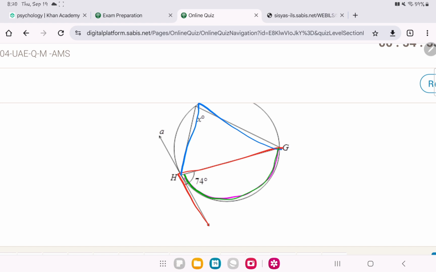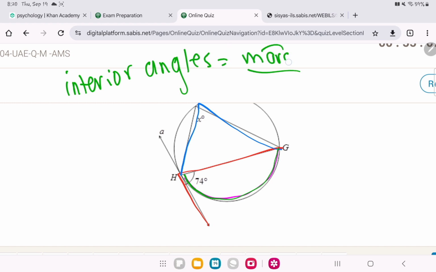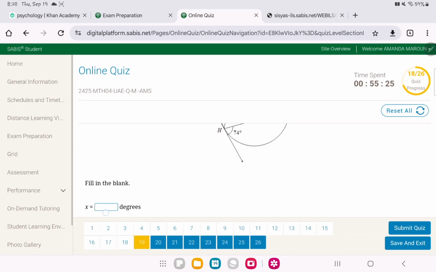If they are both touching the same arc, and they're both interior angles, and we know that the rule of interior angles is the measure of the arc over 2, then that means what? It means that they are both the same value. So x is equal to 74.